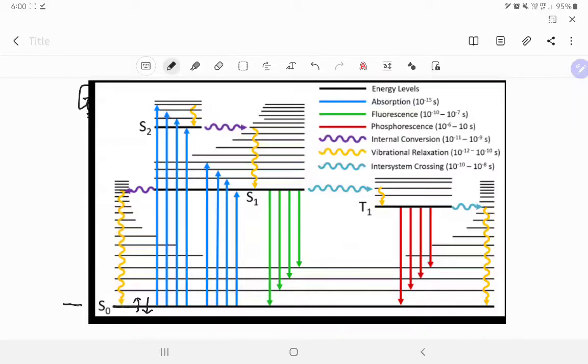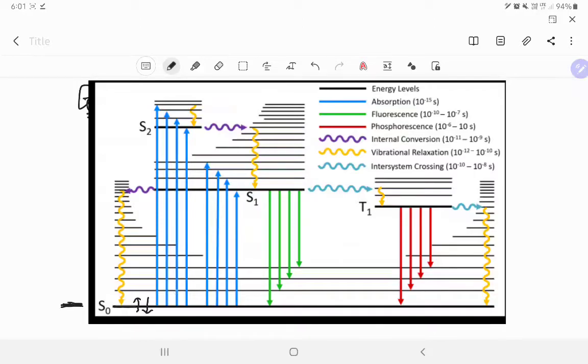These are the electronic energy levels. We know the electronic energy levels, we also studied them in spectroscopy. Lower electronic energy level, higher electronic energy level, higher electronic energy level. Now, it is called S0 not because of the electronic energy level, but because the electrons are paired and in the ground state.